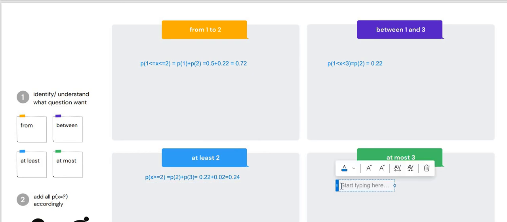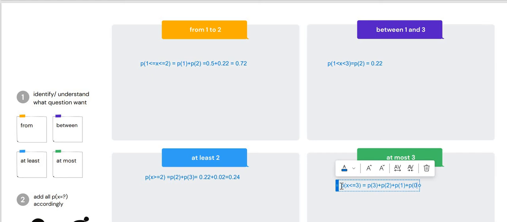The last one here, at most. At most means X must be, how do we write it? Not greater than or equal, but less than or equal to 3. So 3 and below: P3 plus P2 plus P1 plus P0.